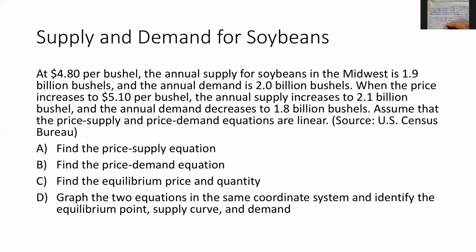If we write it in point-slope form, we can do price, y, minus 4.8 is equal to 1.5, the slope m, times (x minus 1.9). And doing some rearranging, we get 1.5x minus 2.85 is equal to negative 4.8. And this is p, so we get p is equal to 1.5x plus 1.95.